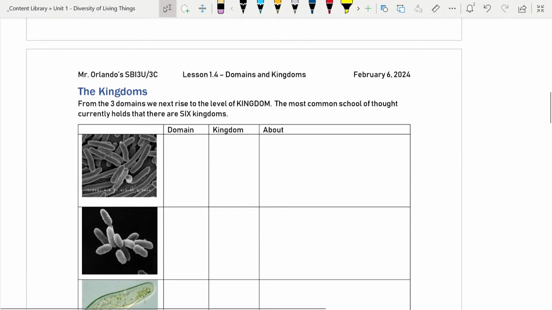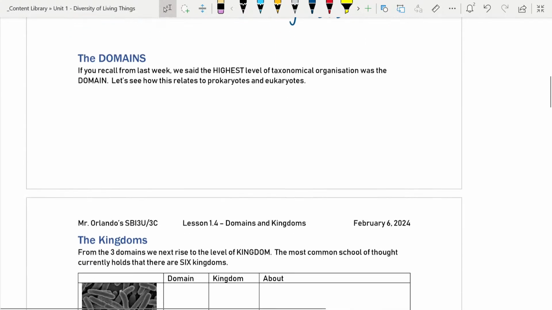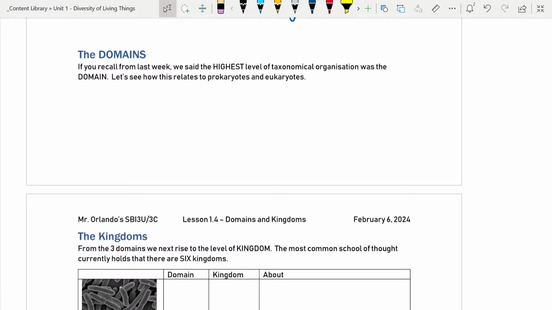That's okay. So now, from the domains, we remember that the first domains we had are the prokaryotes. Are the eukaryotes. And I shouldn't say that's the first domain, because it's actually the last to evolve, but that's okay. So we have domain eukaryota.